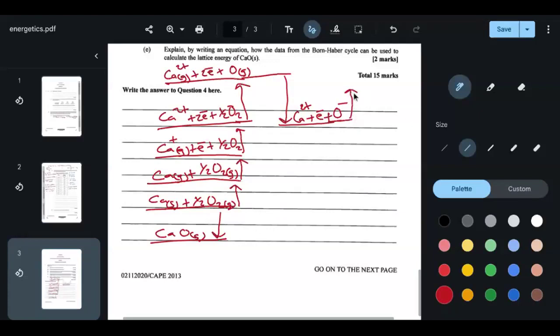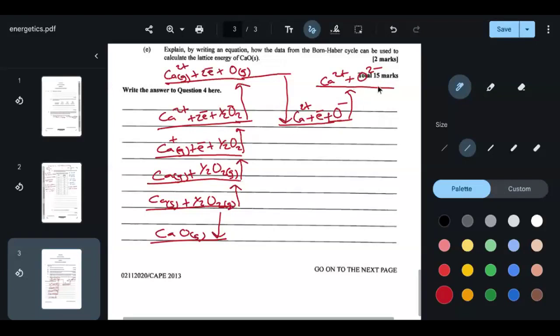Normally, this arrow here is above this one, but due to the space on the screen. So we would have Ca2 plus, O2 minus. When O minus accepts this electron, we're going to get O2 minus.